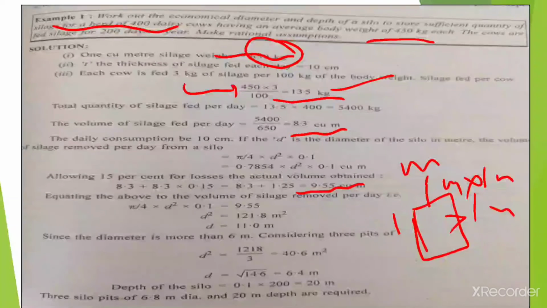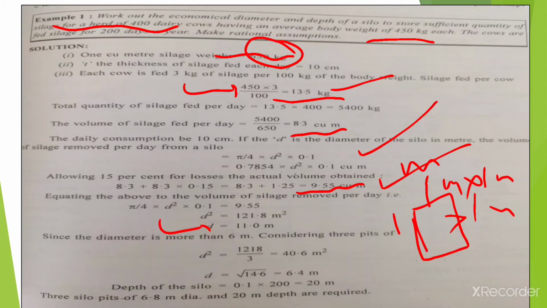Now finally, equating the above to the volume of silage removed per day, by equating both equations, this and the actual volume, we get the final quantity for D is equal to 11.0 meter.